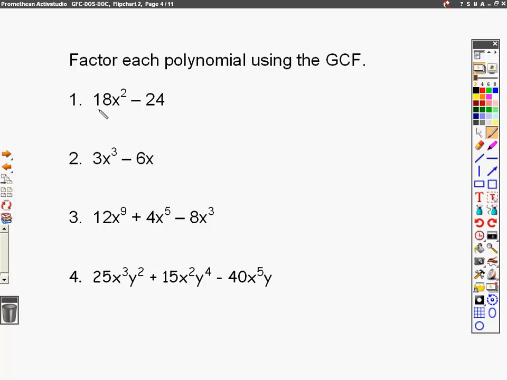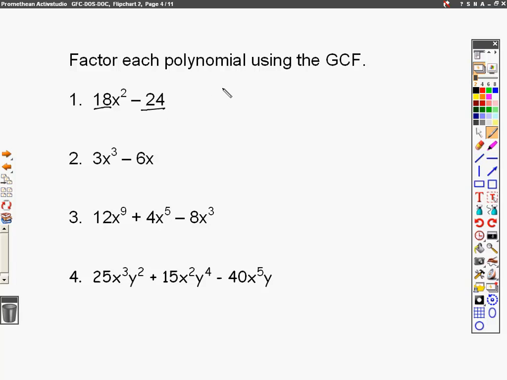So this first one has 2 numbers, 18 and -24. The GCF is the largest thing that can divide both of those numbers. What do you suppose that is? Okay. If you answered 6, you would have gotten it correct. So we're going to take out a 6.